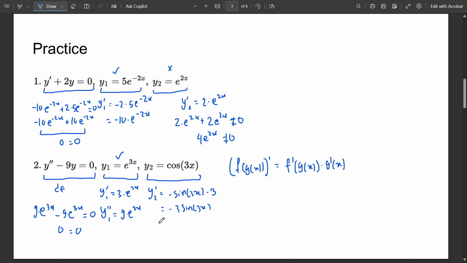And we need to take another derivative, so y double prime is equal to negative 9 times the derivative of sine, which is cosine, so cosine of 3x.